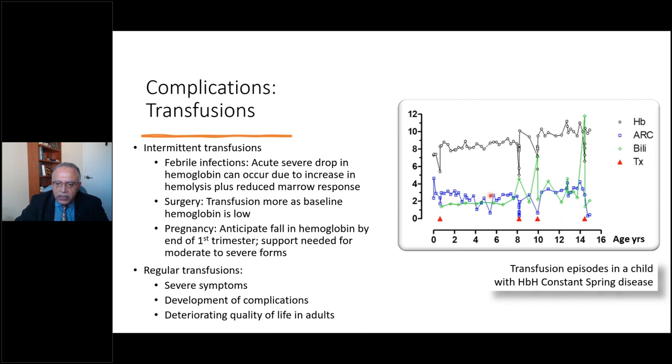What is important to see also is that the bilirubin level spiked during each of these episodes, indicating more hemolysis. At the same time, the reticulocyte count plummeted even before the transfusion was given, indicating a combination of increased hemolysis and suppression of the bone marrow, which can cause a sudden and rapid decrease in hemoglobin levels.